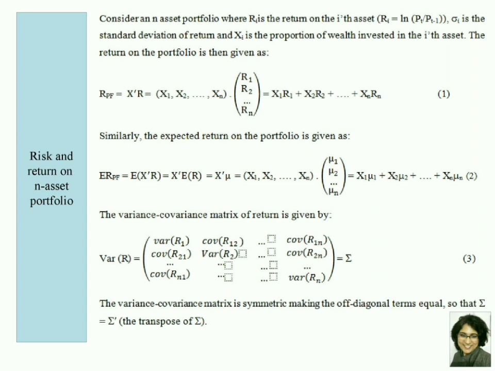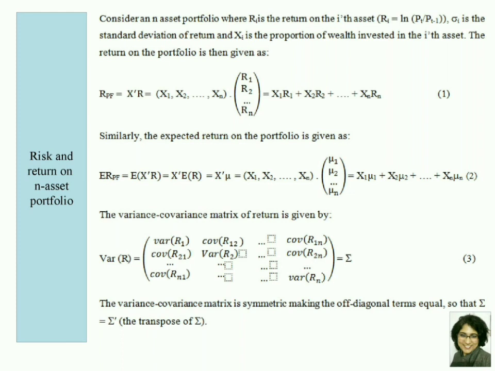Similarly, we can find out the variance covariance matrix of return. The diagonal terms will be giving us the variance of the individual asset returns. So var R1 is the variance of the return of the first asset. Similarly, var Rn will be the variance of the return of the nth asset.